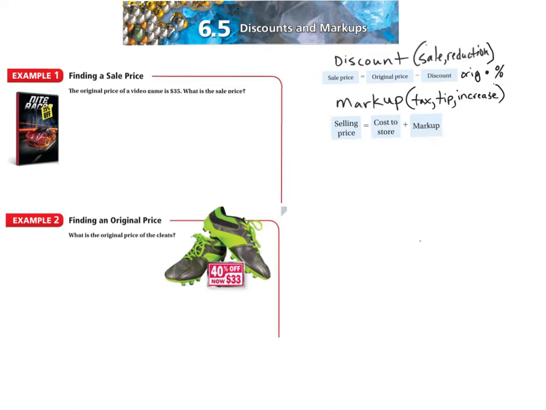So if it's $80 and 20% discount, it'll be 80 times 0.2, right? The original amount was 80 times 0.2, and that'll give us the amount that we are going to subtract from the $80. So 80 times 0.2 is 16, right?